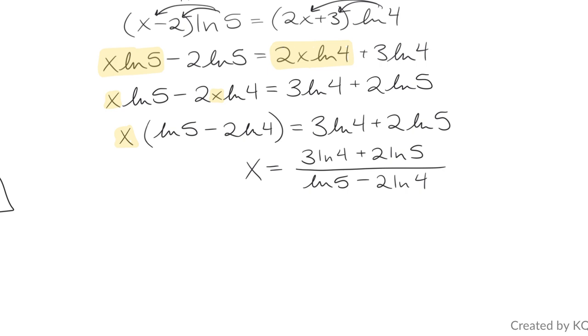But it will probably ask for a decimal approximation. So we go to our calculator and we make sure we close all of the parentheses for all of those natural logarithms. Good luck. You got this. We should theoretically get that x is approximately equal to negative 6.3429.